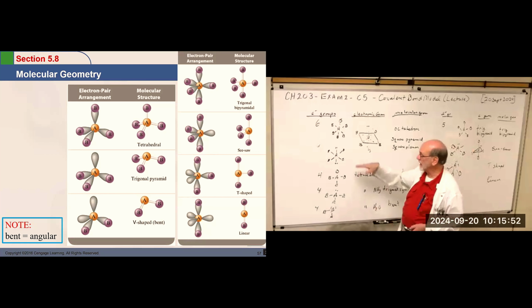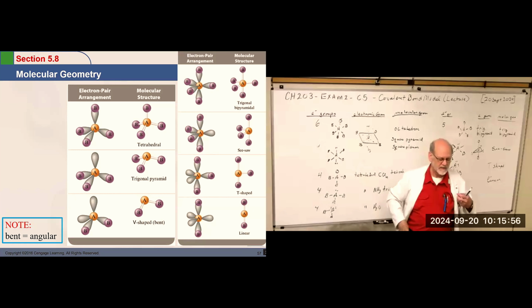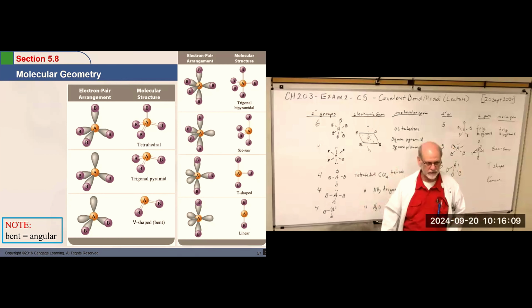All these bond polarities cancel one another out. So that means the molecule is going to behave as if it's nonpolar. It doesn't have any odd distribution of electron density when it approaches another molecule. And so they just behave as if they're billiard balls.